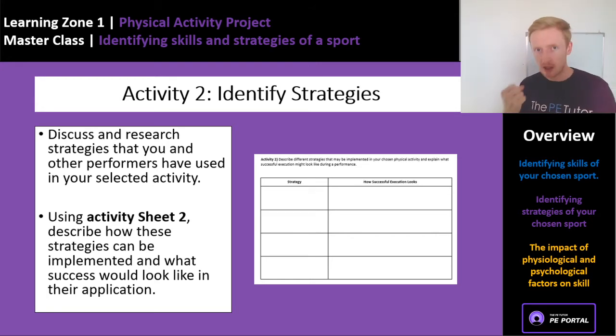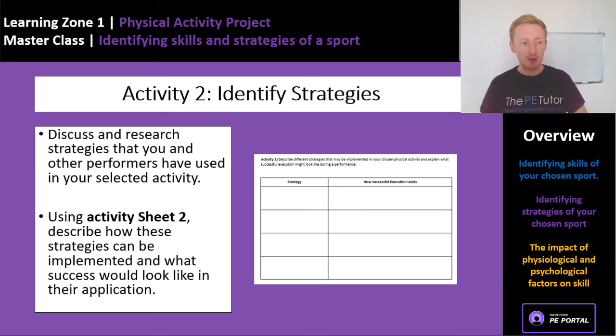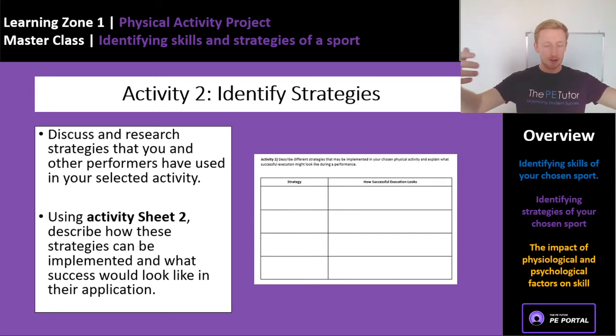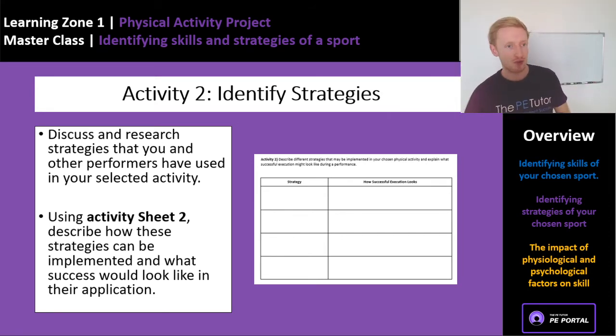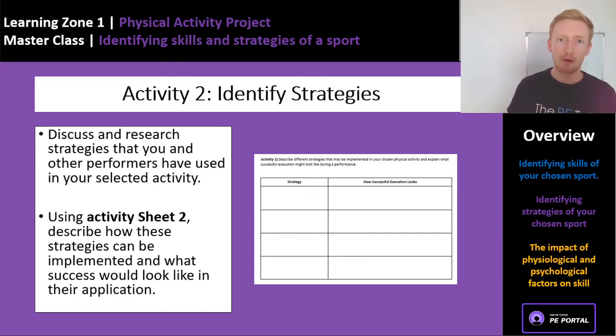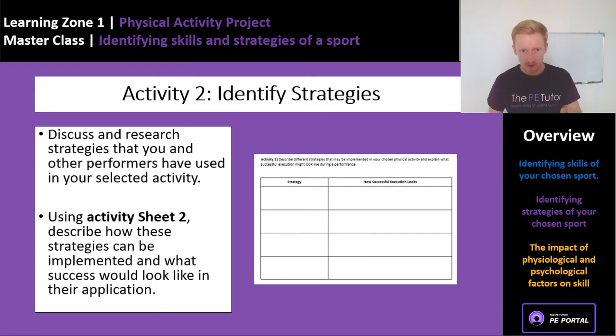People stick rigidly to their zone. People are very observant, and they quickly respond to an attacker who comes into their zone. Speed of response, reaction time. So identify the strategies and then describe what successful execution of that strategy would then look like.